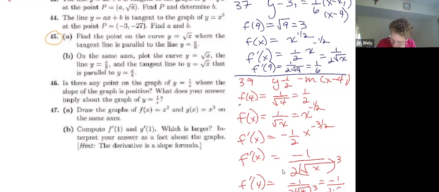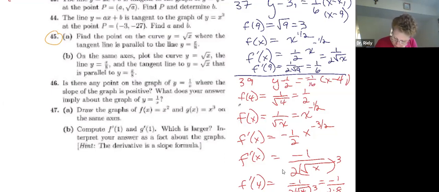So 2 times 8 is 16, so I should have a slope of negative 1 over 16. Let me just check to make sure that that is, yep, that's good. Okay, so up here, I'm going to erase this, make this an equal sign, and put negative 1 over 16. Hopefully you can see this.